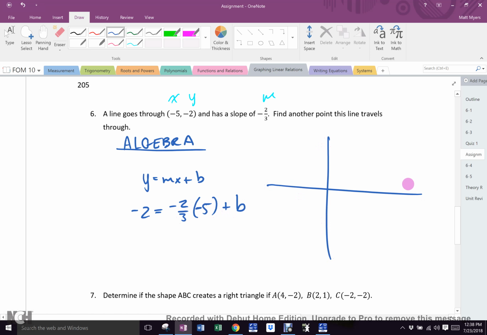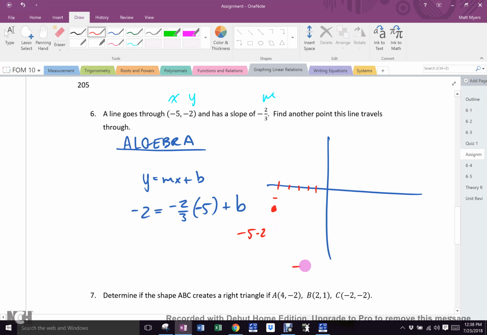If you were graphing, you could put the dot at negative 5. 1, 2, 3, 4, 5. And down 1, 2. And you could recognize that the slope is negative 2/3, which is rise over run, correct? So you would go from negative 2 down to what?